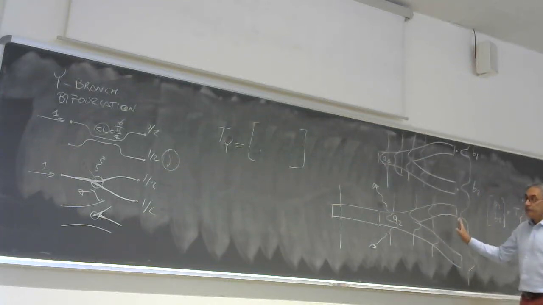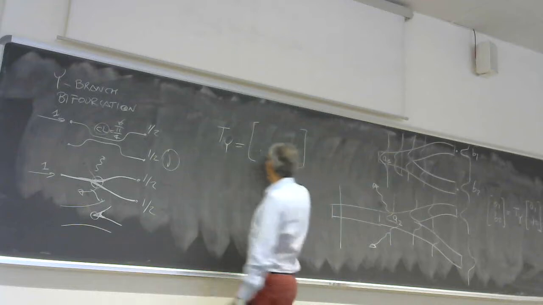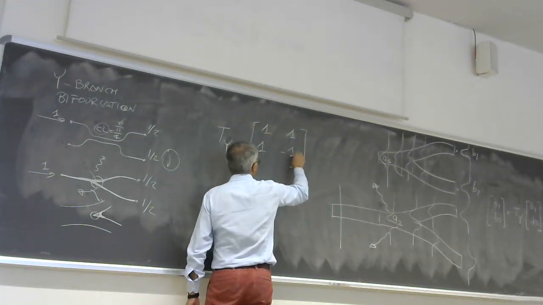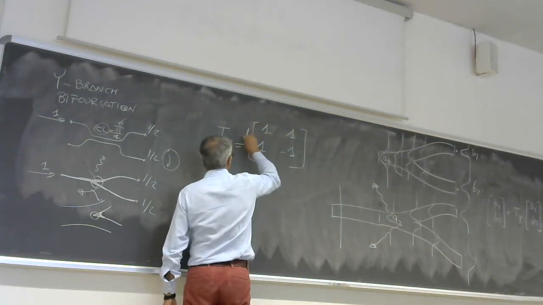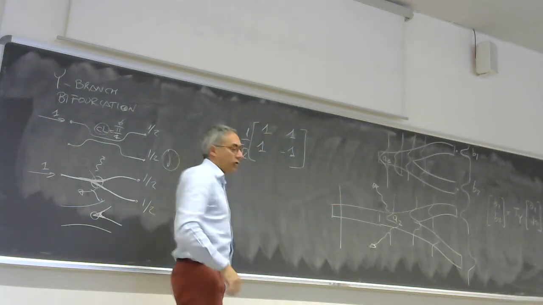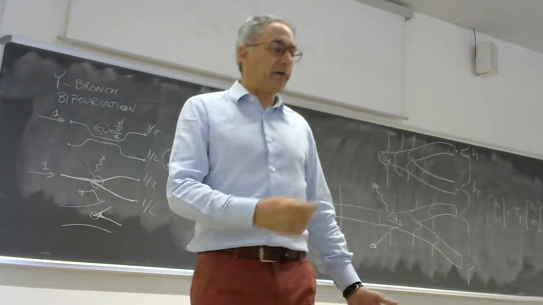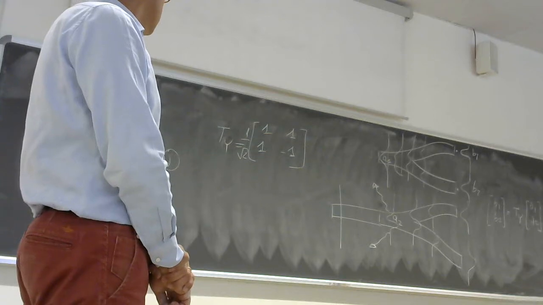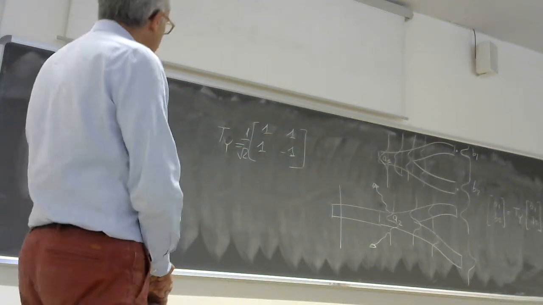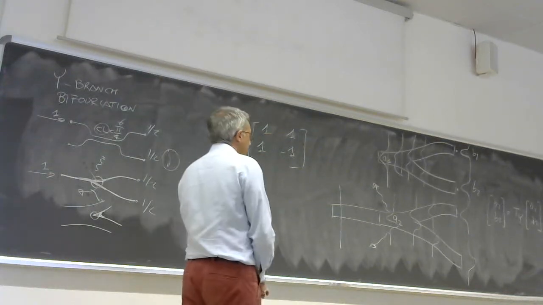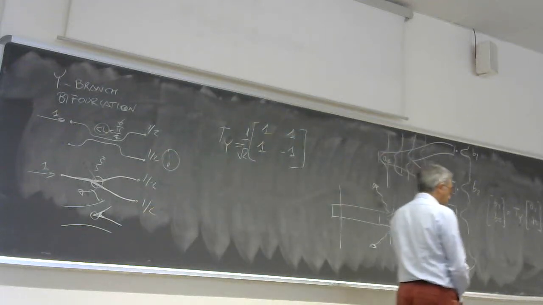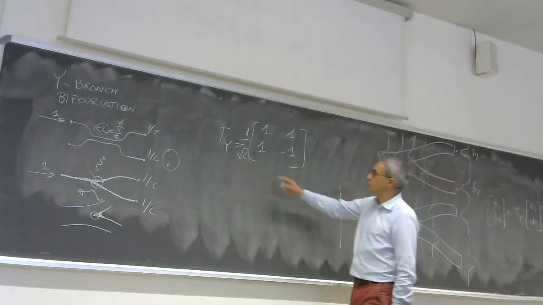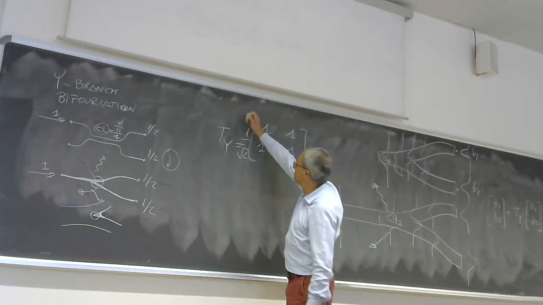The structure is symmetric, so the transfer matrix is 1, 1, 1, minus 1, and there is 1 over square root of 2 because it does not amplify. So this is the transfer matrix of the Y junction. Very simple. Eventually, you can include here an insertion loss.